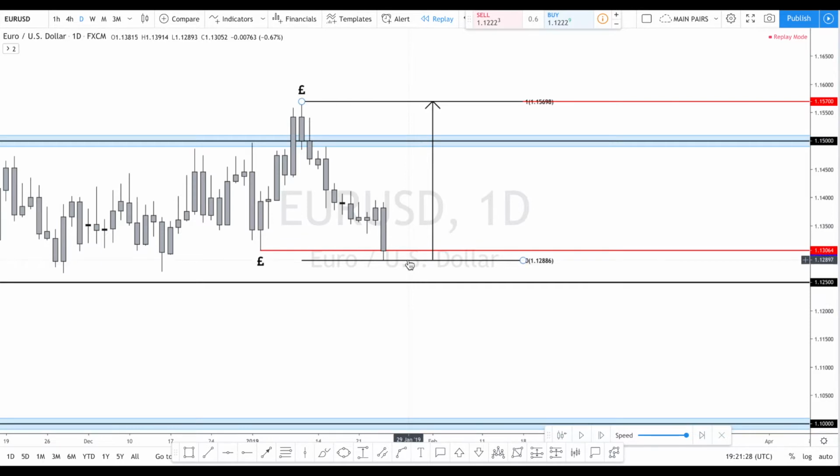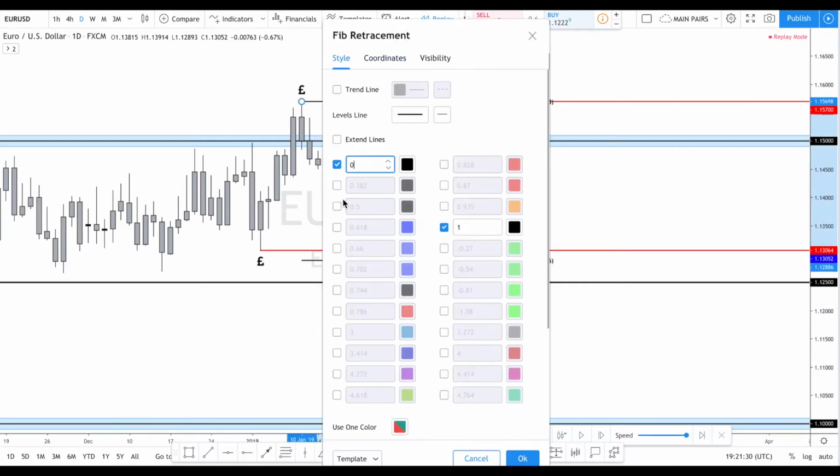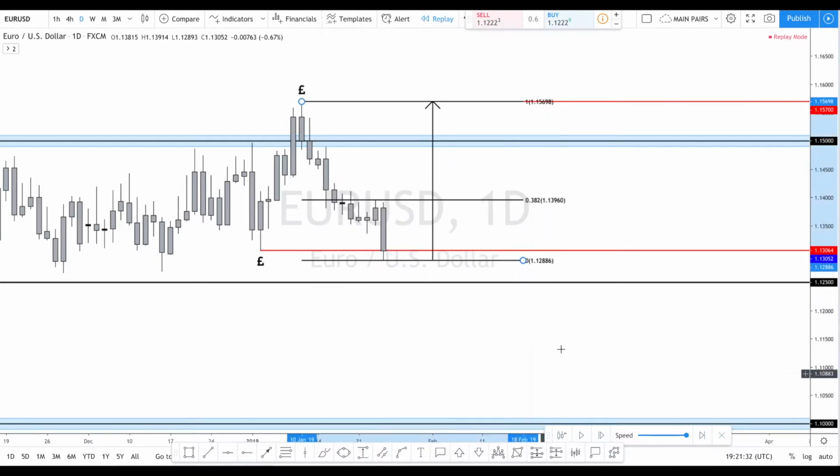So when we now put our fib on, let's start with 38.2. That's a 38.2% rejection. How I look at it is I want more of a sell. I've seen the A to B, and I'm anticipating price is going to start to move higher. So this is 30% off.